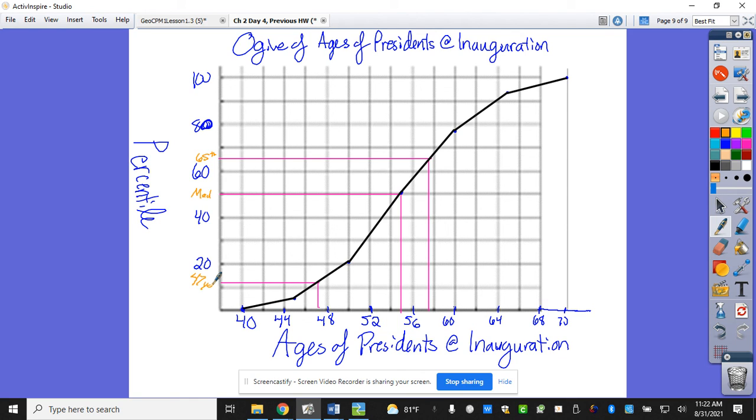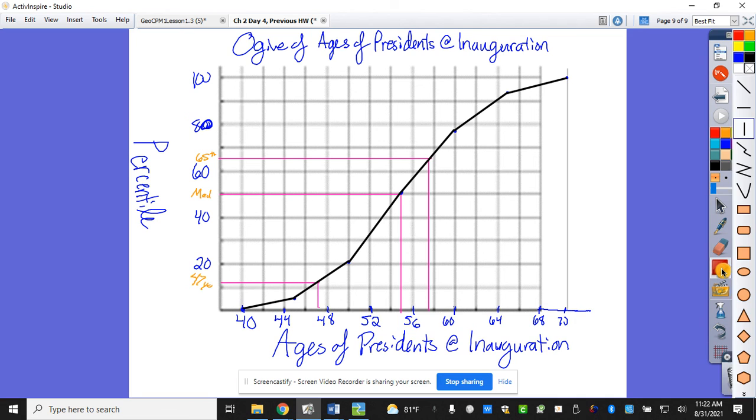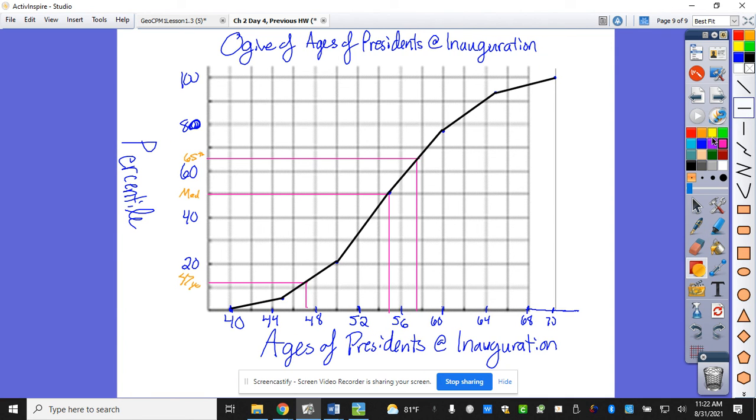So for part D, one of my lines needs to be at 25. And that ends up being, usually it's not something with ages where you either are that age or you're not.